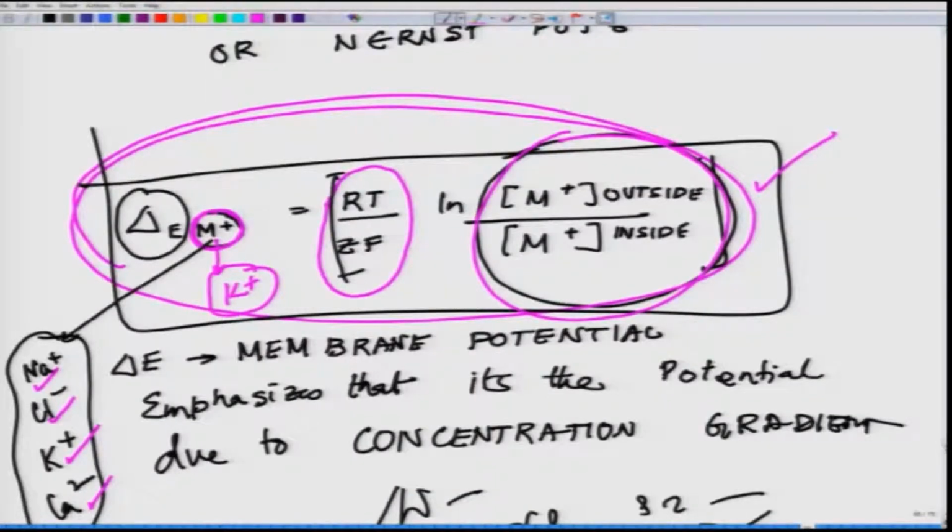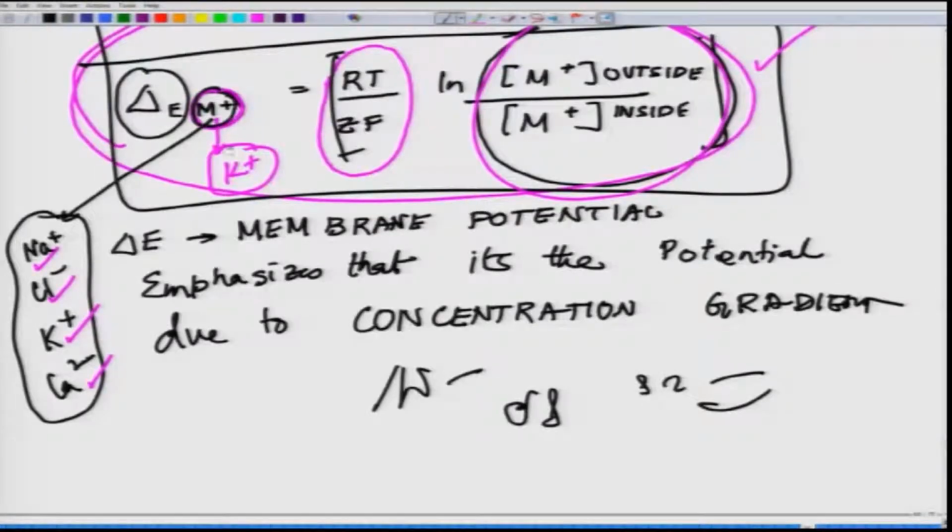So, now I am plugging in the values. Let me put it across: delta E K plus. Instead of M plus, I am just putting the comparison so that everything makes sense.